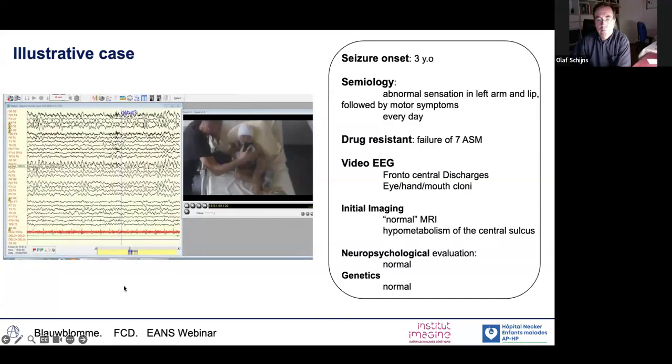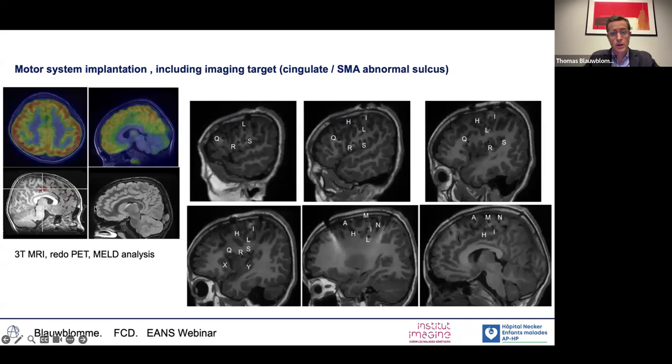So the first thing we did in this case was to go back and do the MRI again and the PET scan again, because we had a strong feeling that there was a lesion in the sensory motor region.